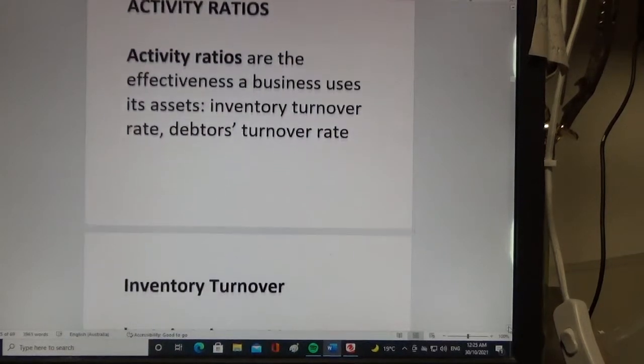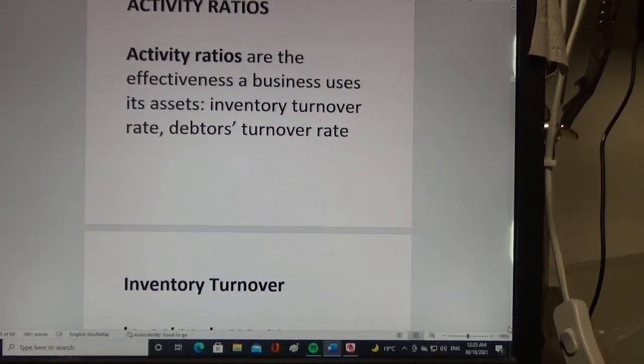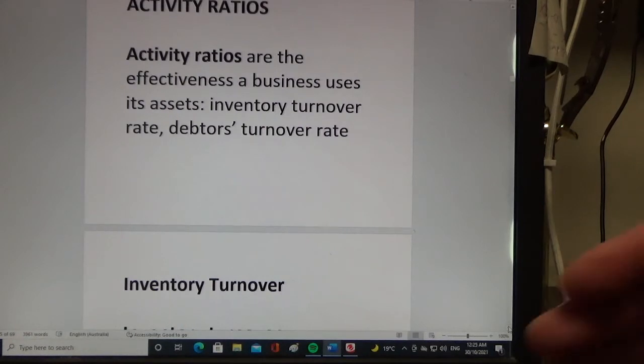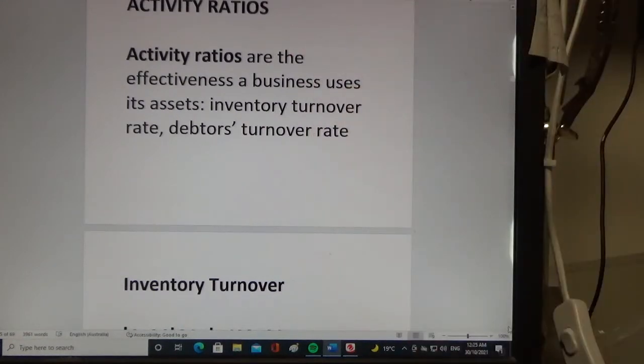Activity ratios. Activity ratios are the effectiveness with which a business uses its assets. Two being inventory turnover and debtors turnover rate, or debtors, another word, accounts receivable, the more modern term. So how much inventory is turned over in a period, and always the same period, and how much debtors is turned over and getting your debtors to repay eventually.